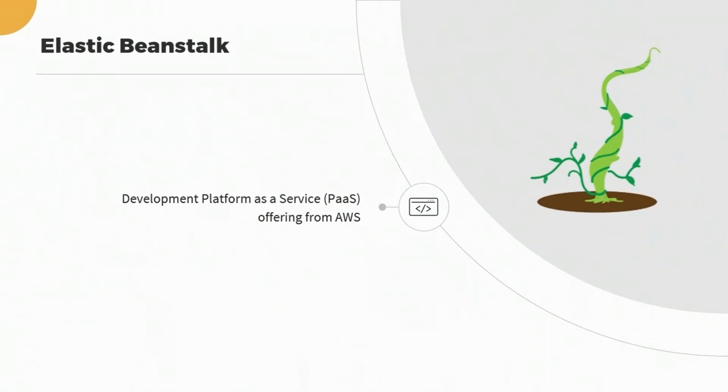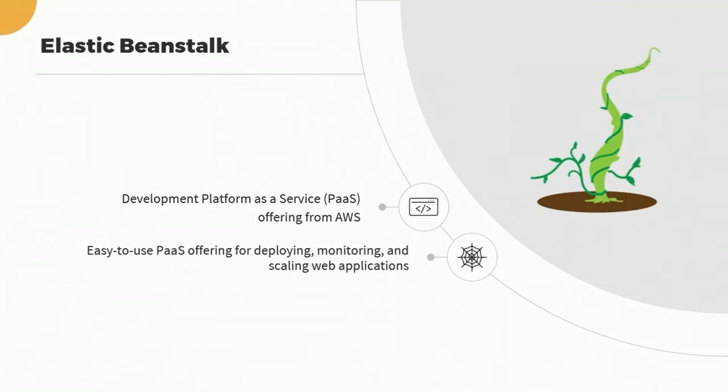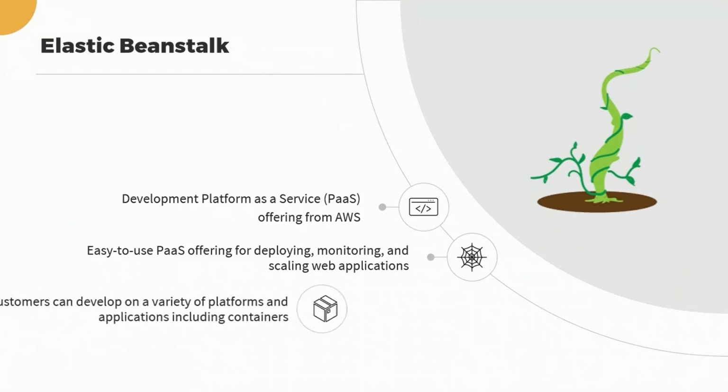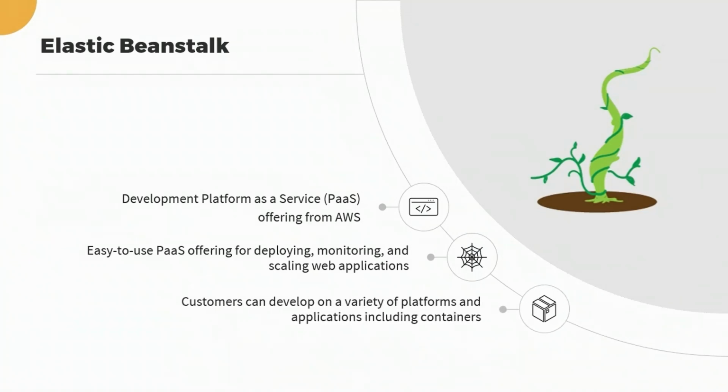Elastic Beanstalk is the primary web development and container development platform at Amazon Web Services. This is their platform as a service offering. It's an easy-to-use service for deploying, monitoring, and scaling web applications. Customers can develop on a variety of platforms and applications, including containers.